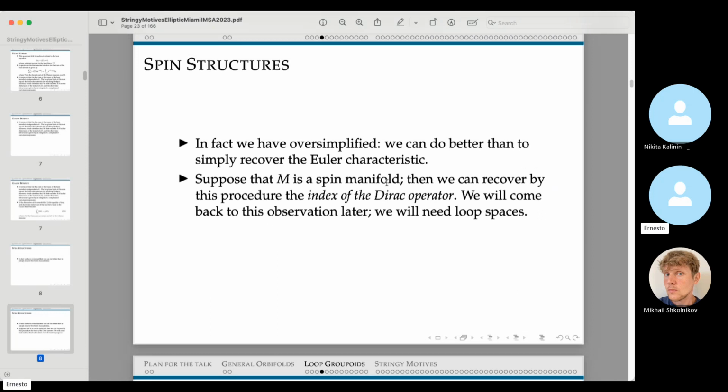Suppose that M is a spin manifold. Then we can recover by this same procedure the index of the Dirac operator. And again, the Laplacian is an operator. The square root of the Laplacian is the Dirac operator.